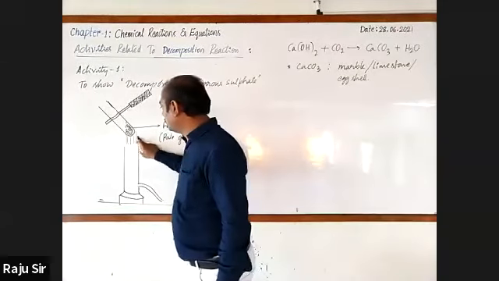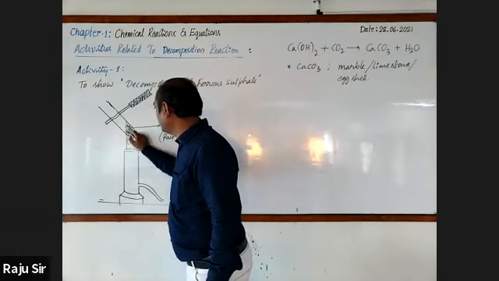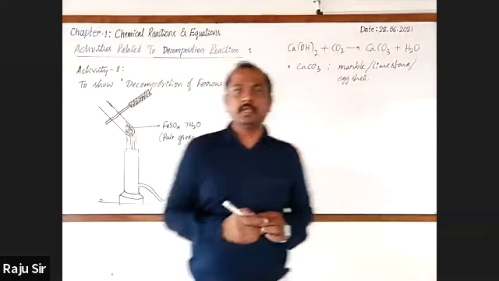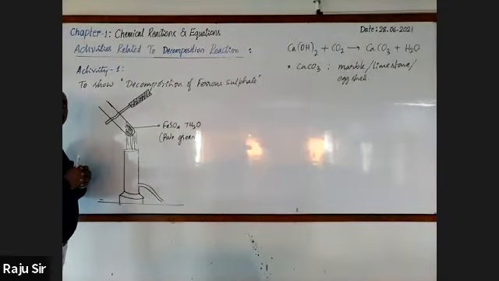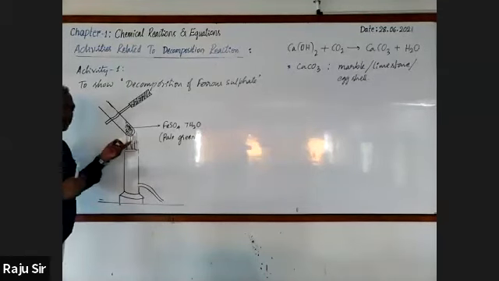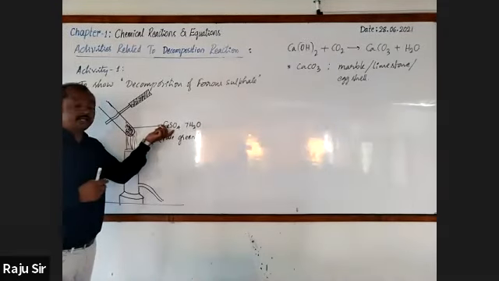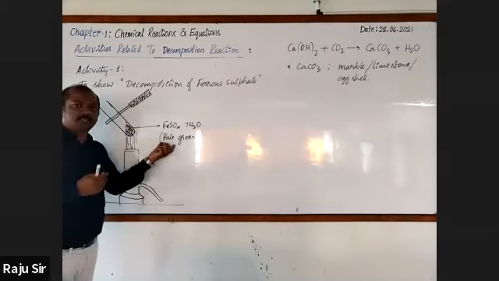Please observe now. When you are heating, you should keep on observing the ferrous sulfate crystals. You know what will be your observation? You will notice that the ferrous sulfate crystals will go on losing their color, that is pale green color.